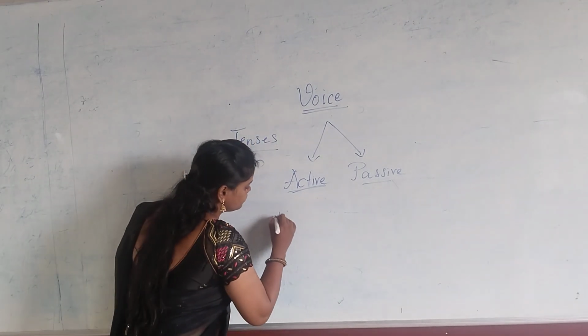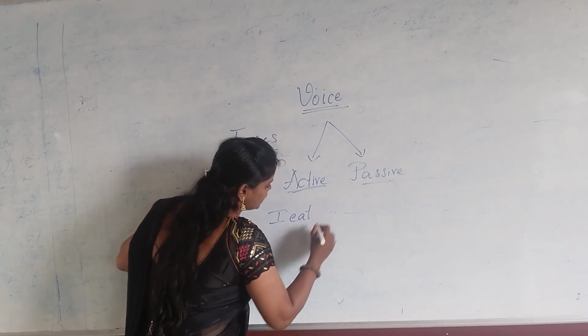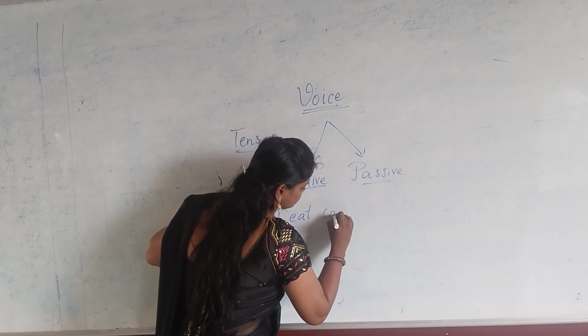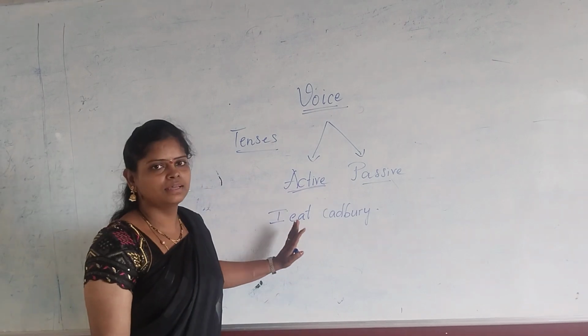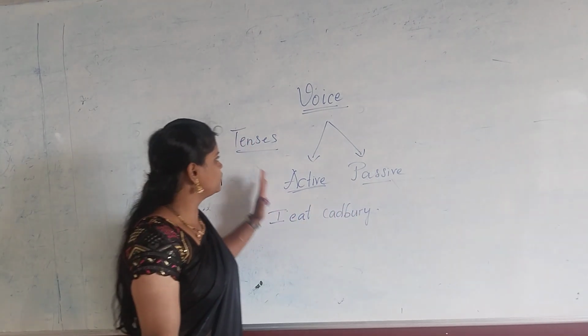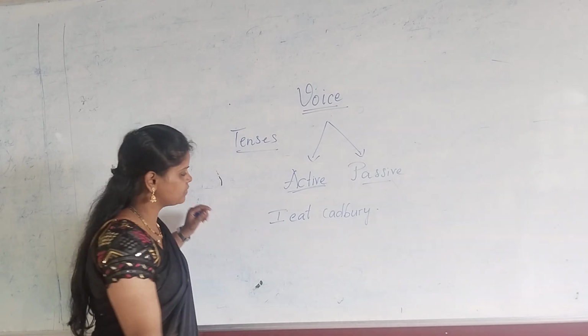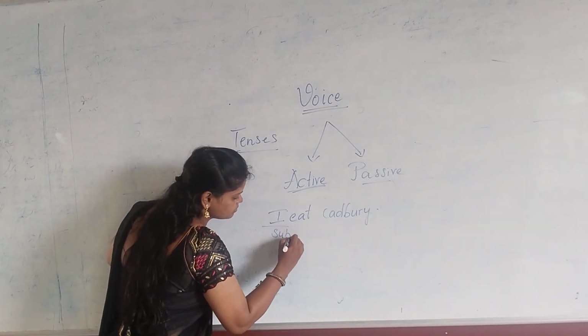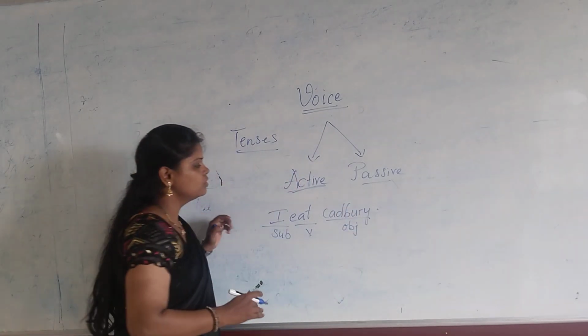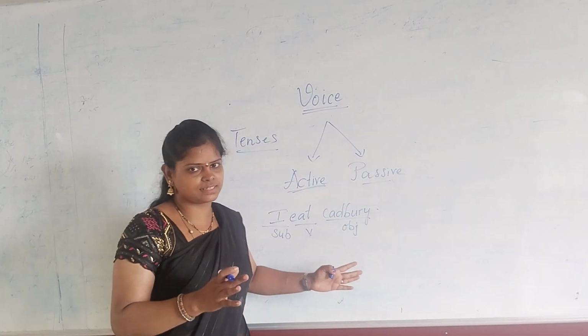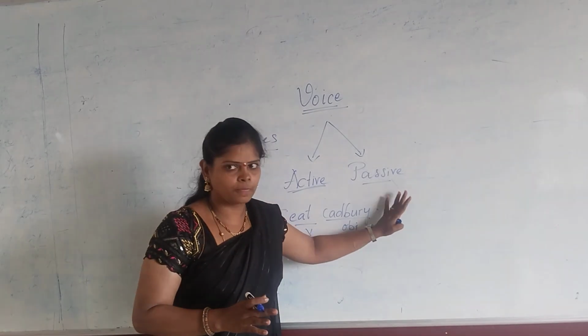For example, I eat carrot. If we know tenses, we can easily divide this. It has subject, verb, object. So, we should change this sentence into passive voice.